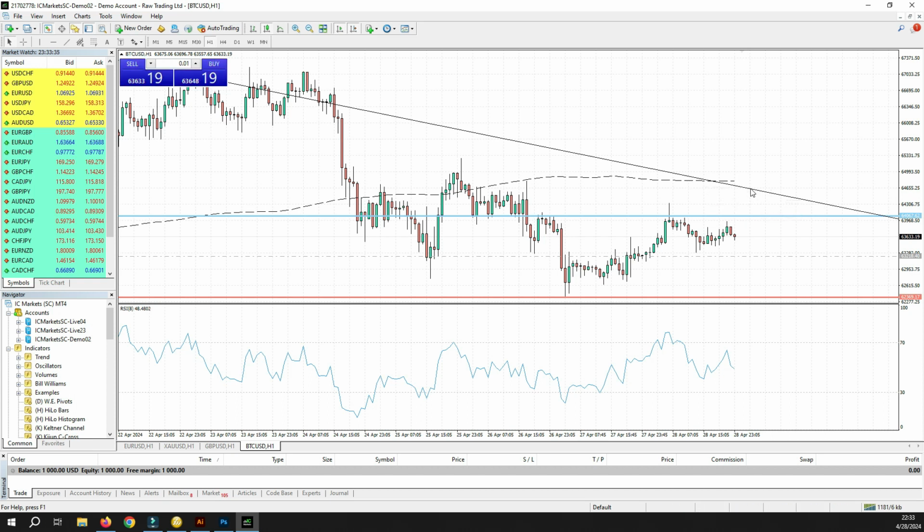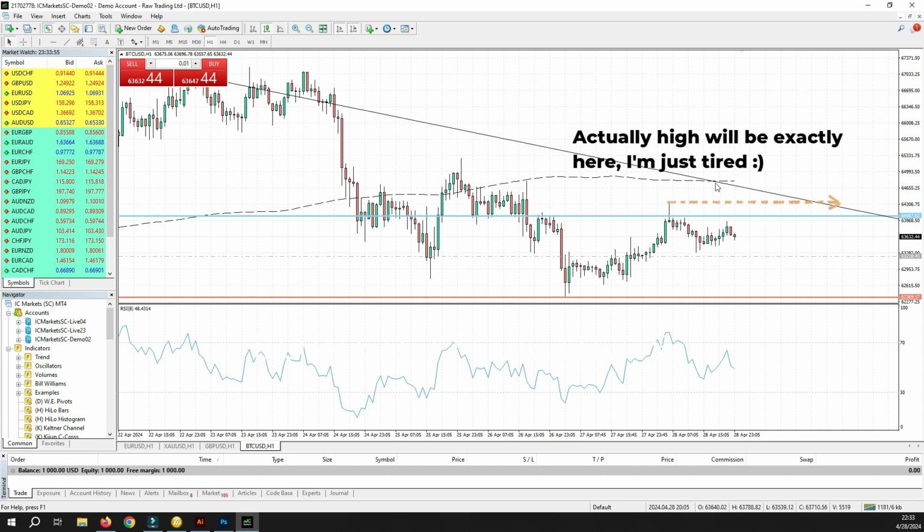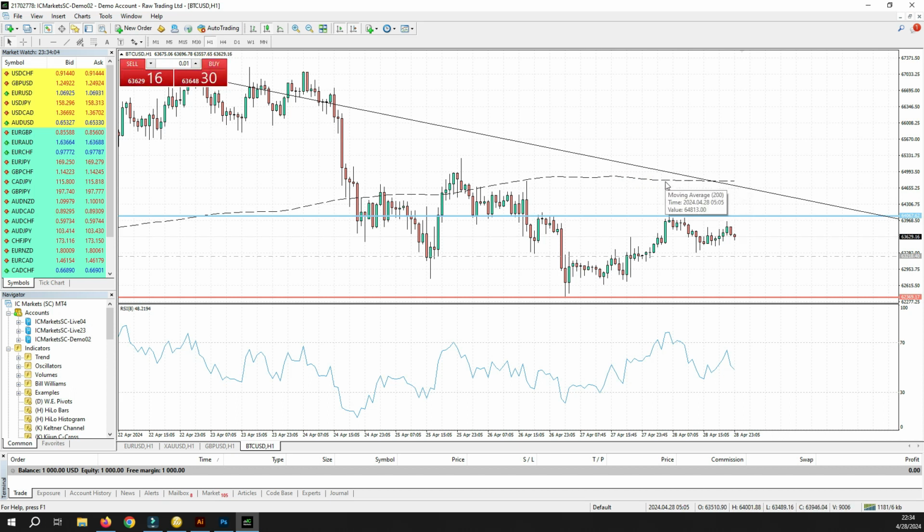The price will meet the trend line and the moving average 200, and since we will move into another day, the previous daily high and low will move, and maybe be at the same price level. So we'll have three confirmations to enter the sell: the moving average, the trend line, and maybe the previous daily high.